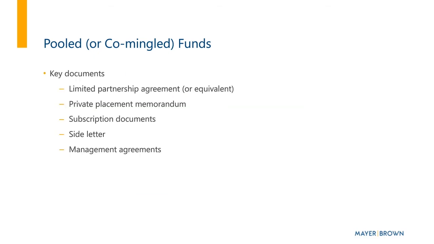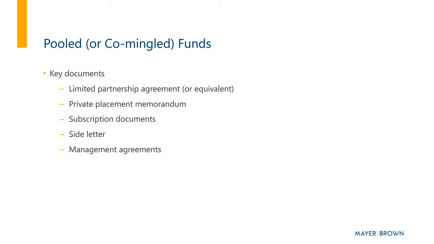An investor in a pooled fund will, in terms of legal documentation, typically be presented with a pack of fund documents. This will usually comprise the core constitutional documents for the fund itself. So, in the case of a limited partnership, its limited partnership agreement, as well as a private placement memorandum, which is essentially a marketing and disclosure document, and the subscription documents, which will usually comprise an agreement to subscribe, as well as what is essentially a KYC questionnaire.